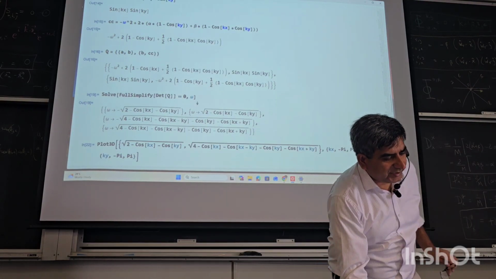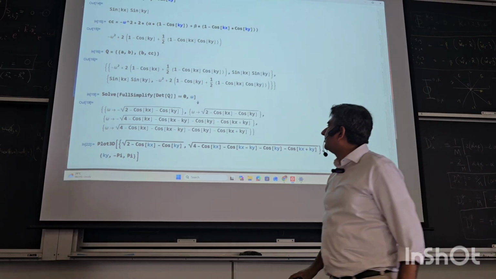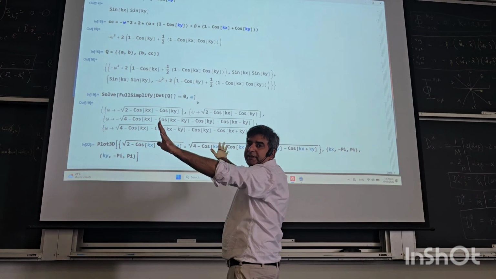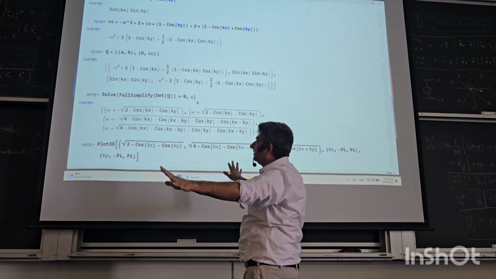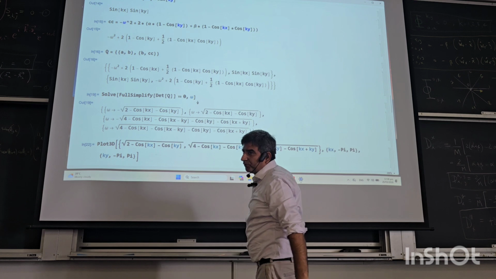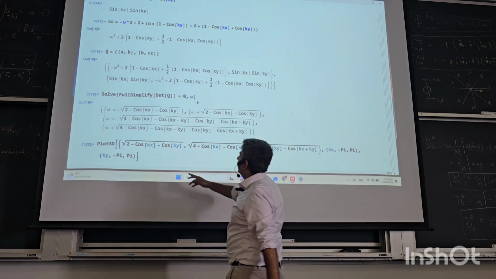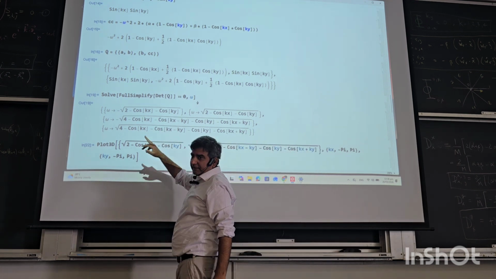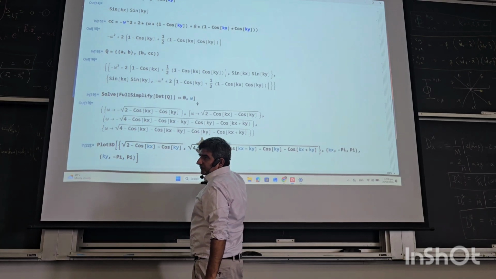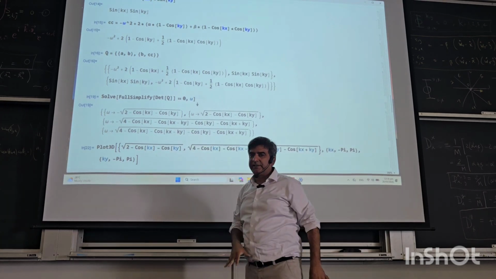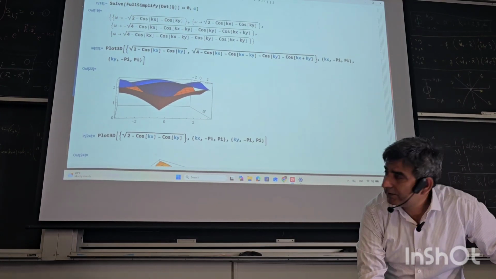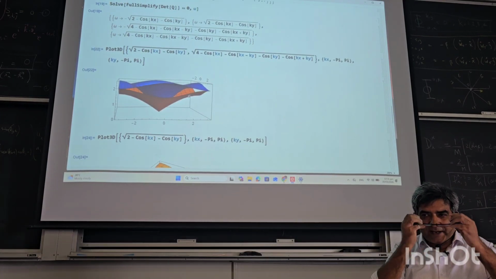So for 3D, I take the entire matrix, which I've defined as Q, with all kx, all ky's included. And I find its determinant, put it equal to 0, and solve for omega. I get 2 negative roots which are meaningless. Omega is always positive, and I pick up the positive roots and plot them in 3D, like a surface plot. So this is the kind of plot that I get for the two branches.